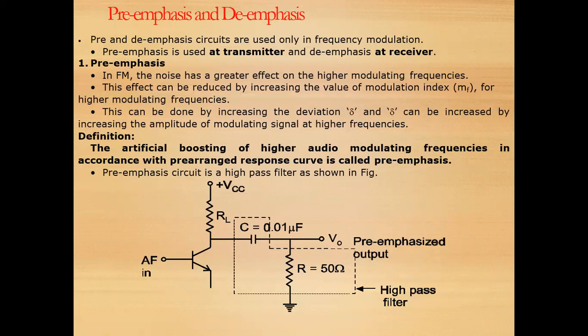As it is directly proportional to the frequency deviation, by increasing this frequency deviation, we can increase the modulation index so that we can reduce the noise, especially by increasing the amplitude of modulating signals at higher frequencies, so that the noise will be reduced.